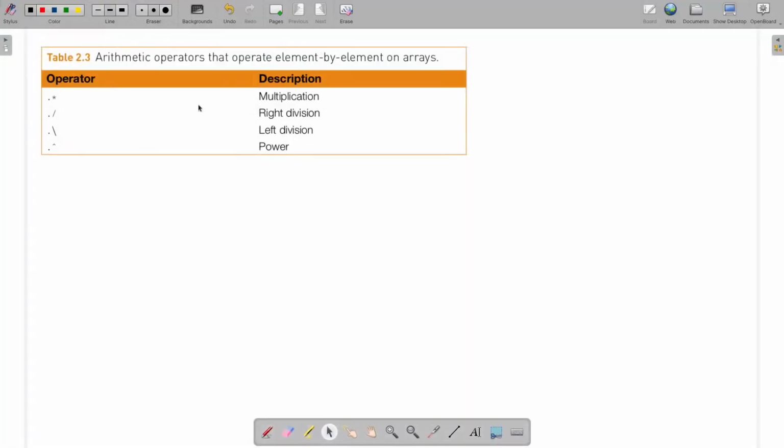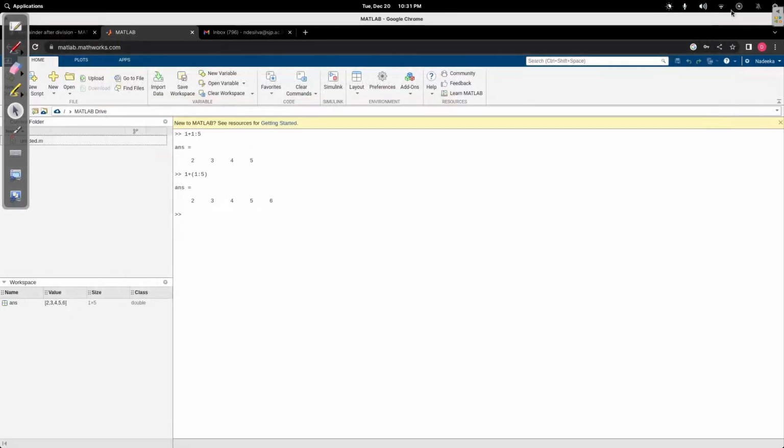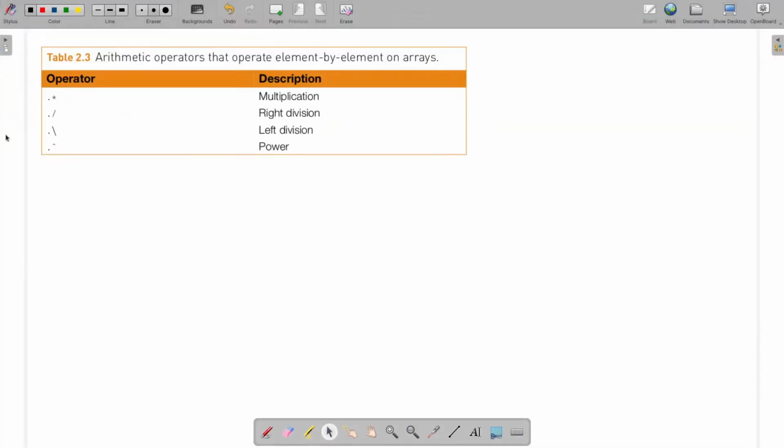They are the multiplication with a dot, the division with a dot, the left division with a dot, and the exponent with a dot. Okay.